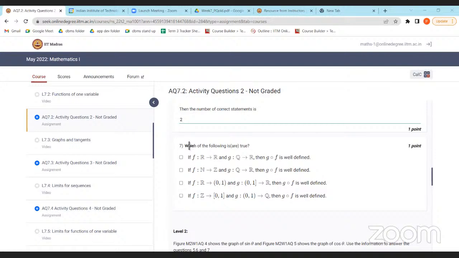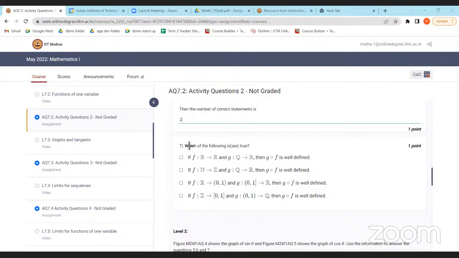So the domain of g of x should be a subset of the range of f. So first we have to find out the domain of this f.